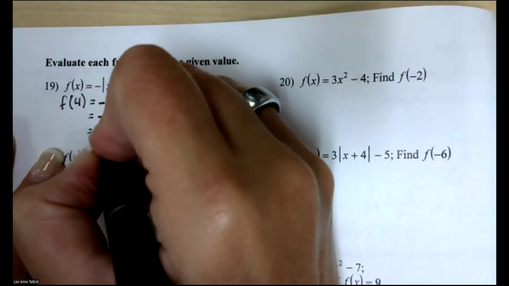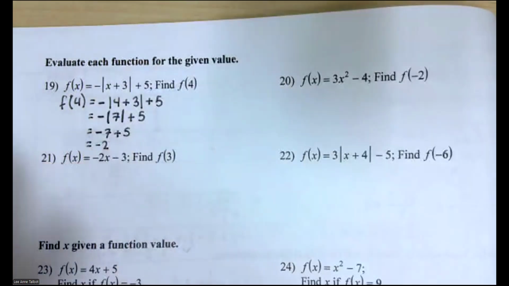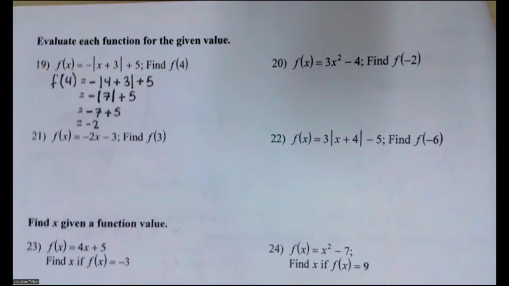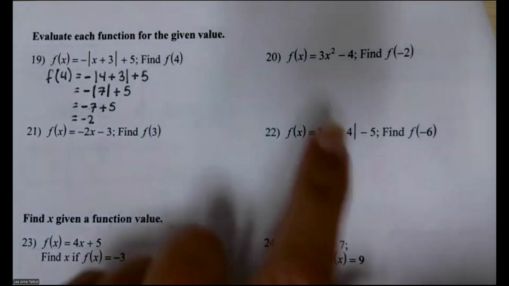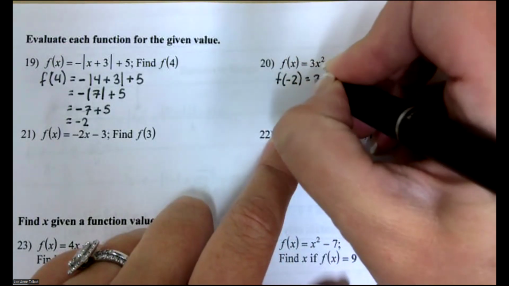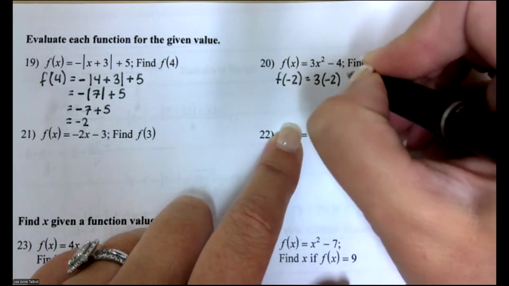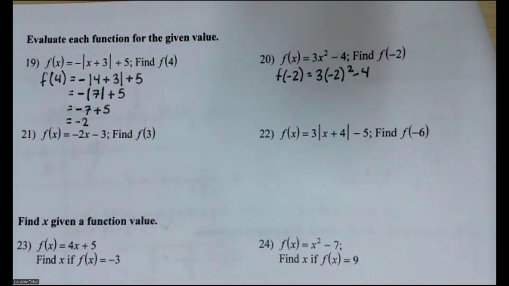So it's negative 7 plus 5, which is negative 2. Okay. All right, plug in negative 2.